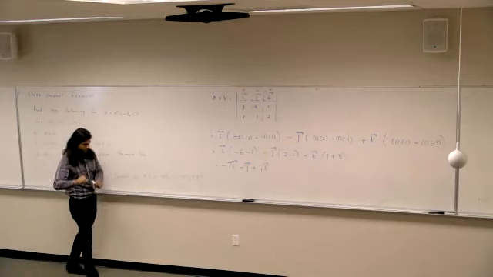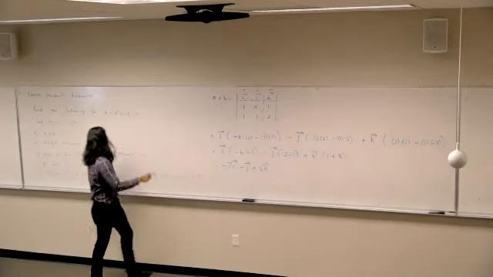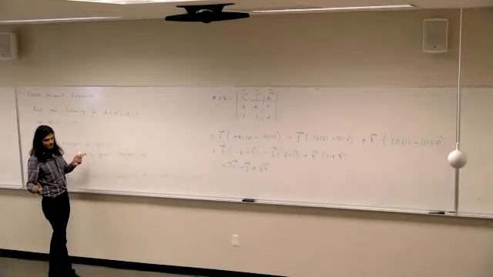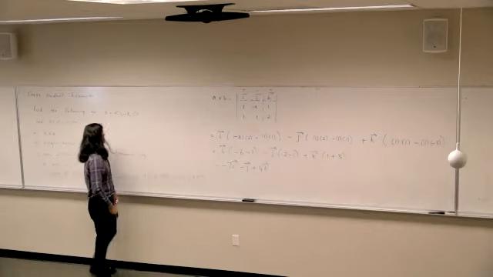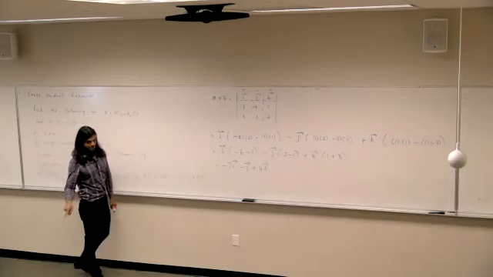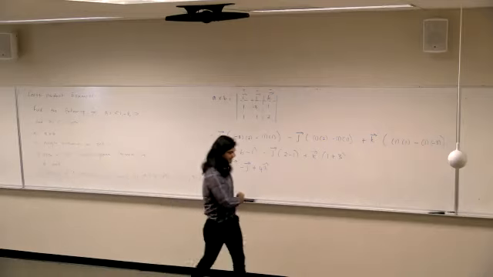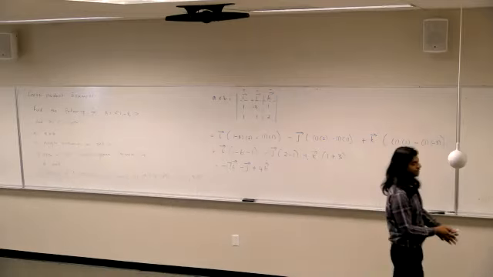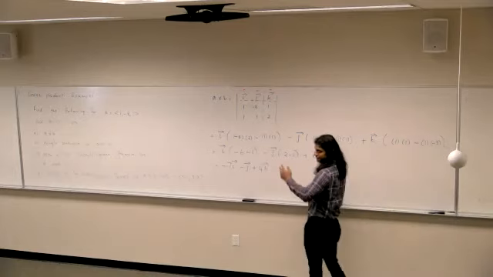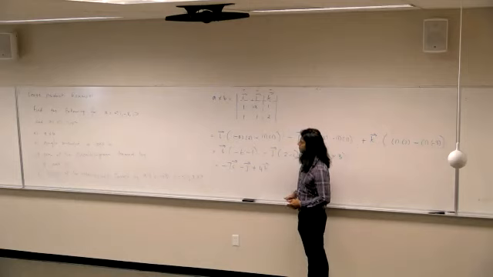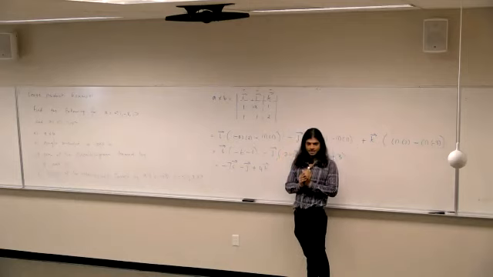The angle between the vector you found and A is 90 degrees. The angle between the vector you found and B is 90 degrees. So the vector that you found using the cross product is orthogonal to A and B, perpendicular. So the angle between A and B is not necessarily 90 degrees.